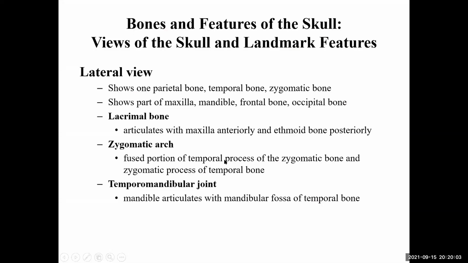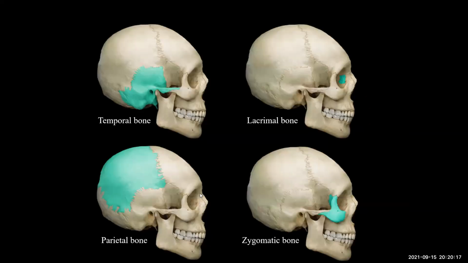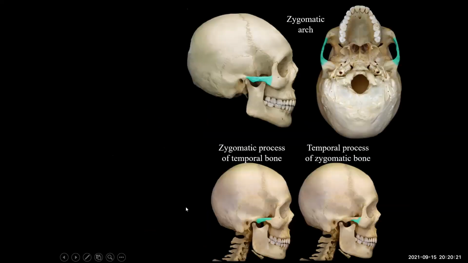The zygomatic arch: you literally have an arch in your skull. It's made up of two bones, part of your temporal bone and part of your zygomatic bone. Here's the zygomatic arch right here.